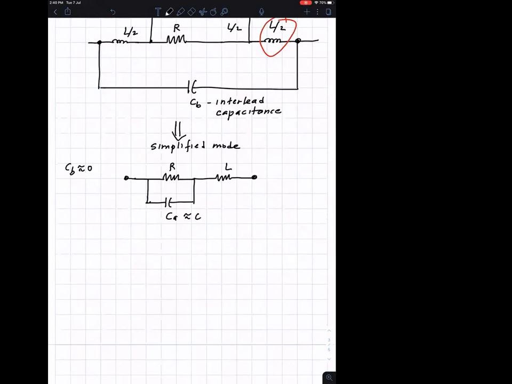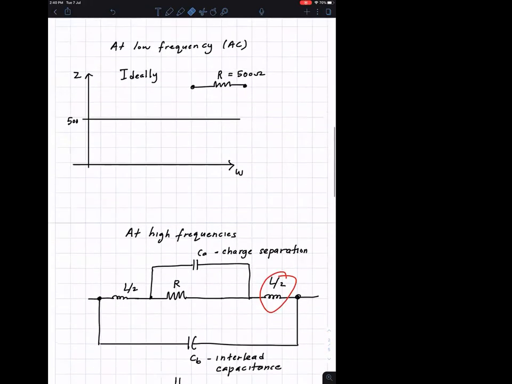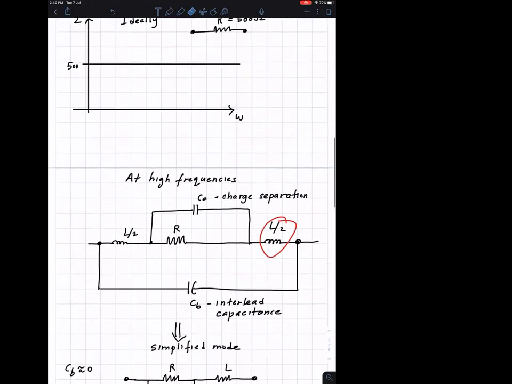Any questions so far? Sir, so the L is actually equal to L over 2 and L over 2? Which L over 2? There's an L over 2 on the top, and then in the simplified model there's only one L. So does the L stand for both of the L over 2?